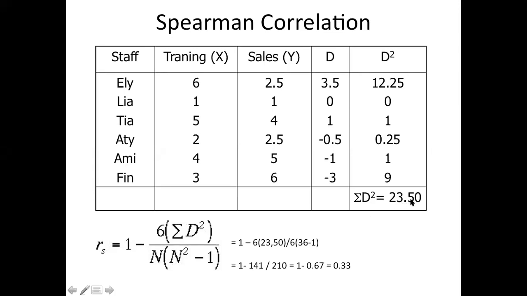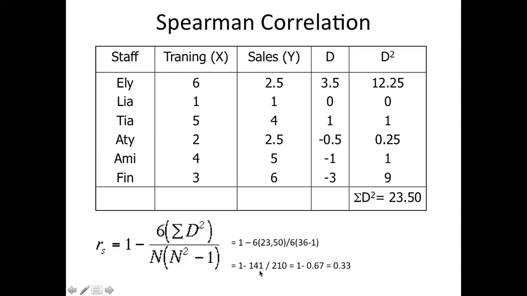23.5. Now we can put this into the formula: 1 minus 6 times the sum of D squared divided by N times N squared minus 1. So we have 1 minus 6, and then the sum of the squares, 23.5, divided by N, 6, times N squared, 6 times 6, 36, minus 1.